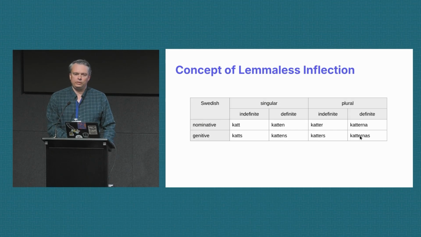For those Swedish-speaking people in the audience, I'm sorry if I mangled the pronunciation, but the concept is that with lemma-based inflection, I start with only the one form, whereas with lemmaless inflection, I start with anything else in this table, and I just change one grammeme to get the other form.